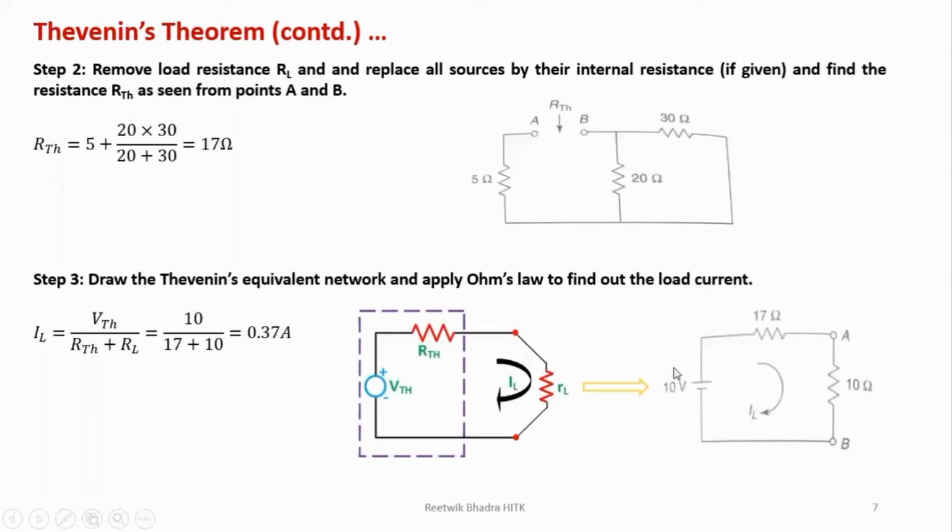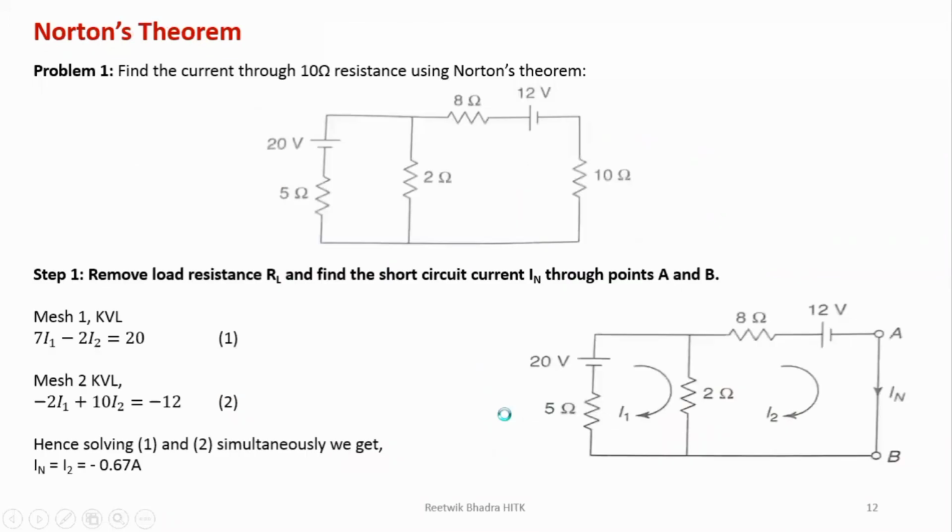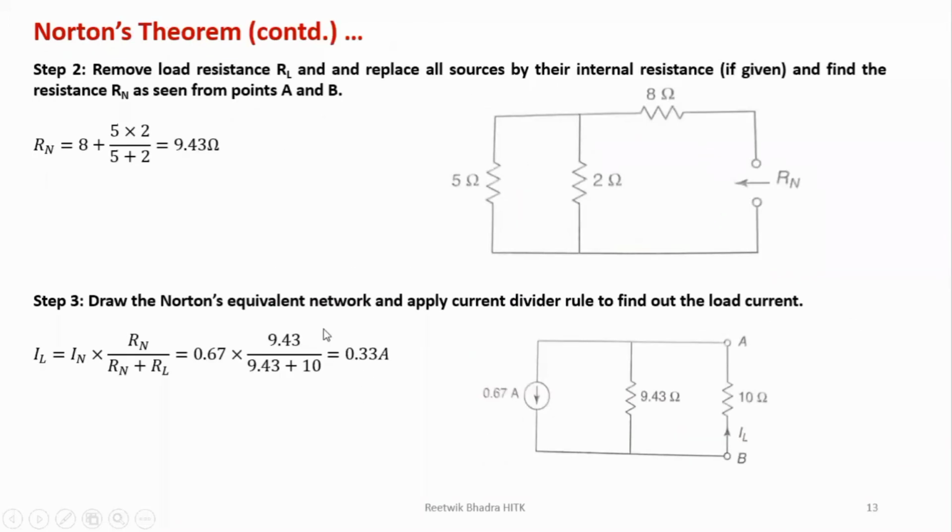So according to your answer, you change your circuit. This is the standard one when your VTH comes positive. If it comes negative, change the polarity and the direction of current. Same for your Norton's part. Since my answer is coming negative, I have changed the direction in the standard diagram of Norton's equivalent circuit.